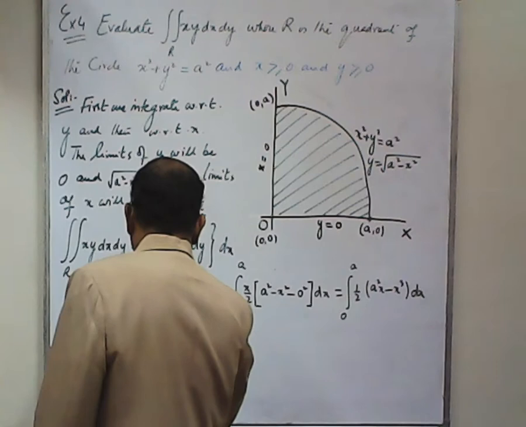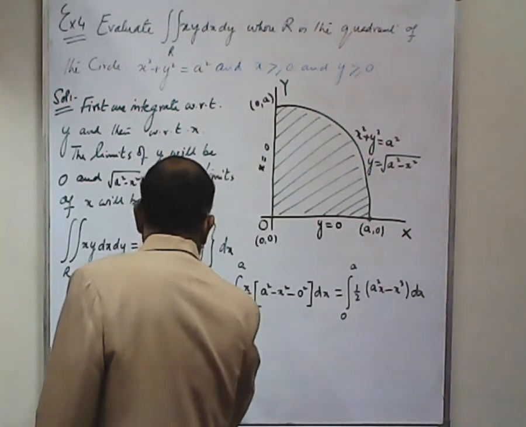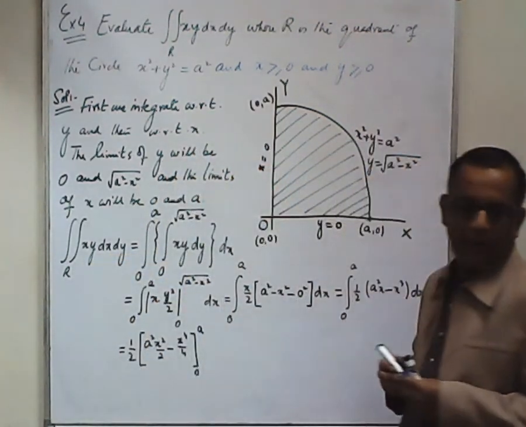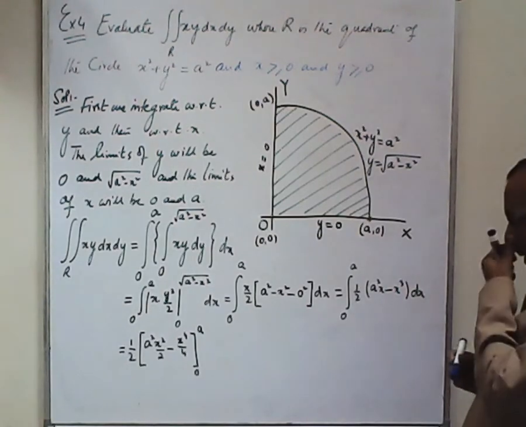square x square by 2 minus x power 4 by 4, and limits are 0 to a.